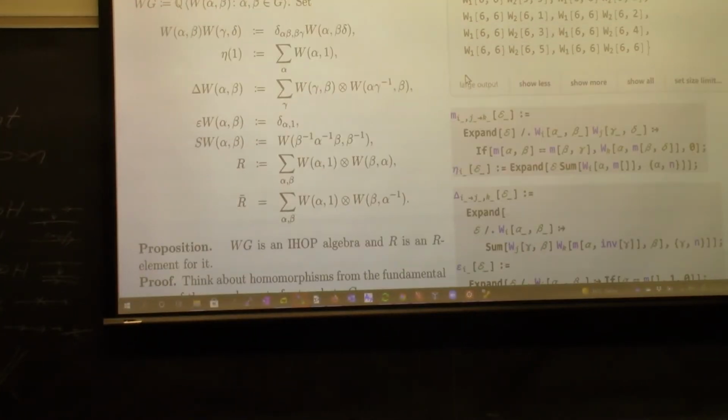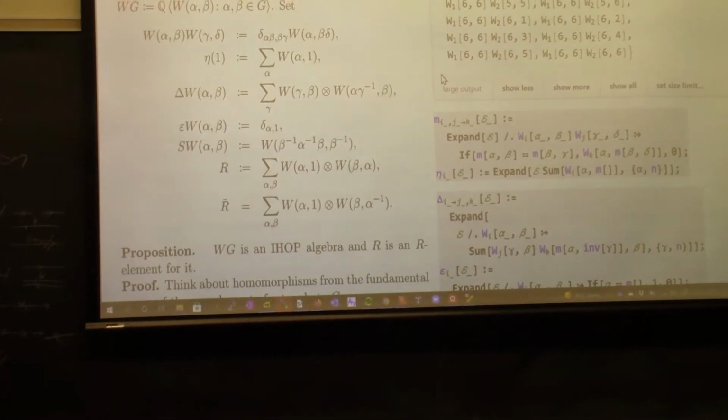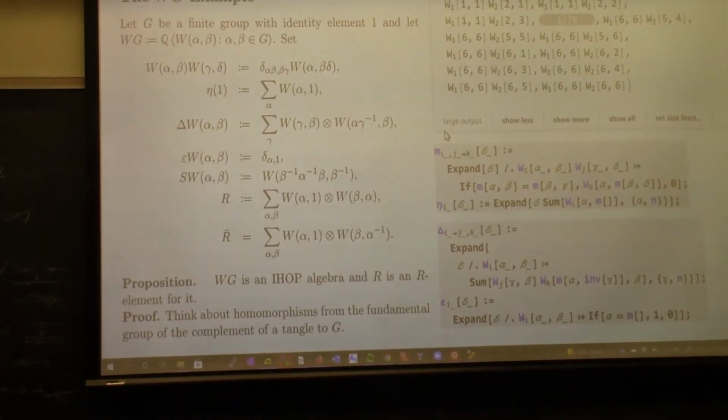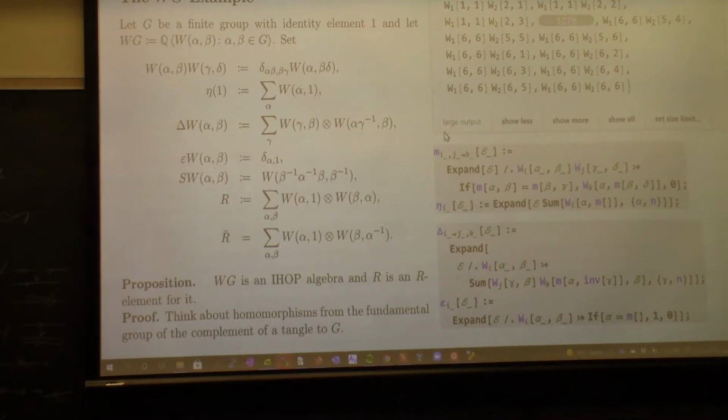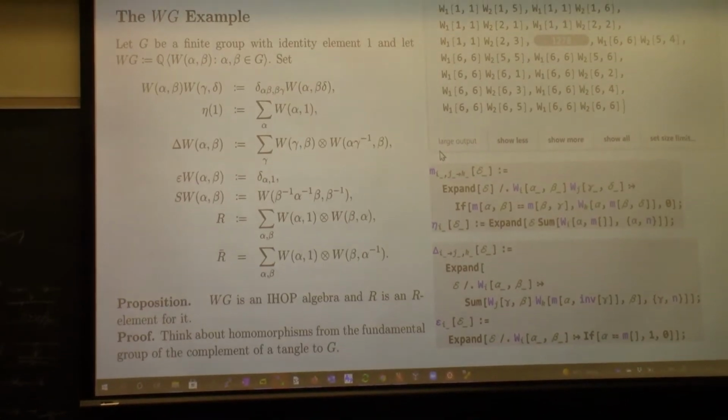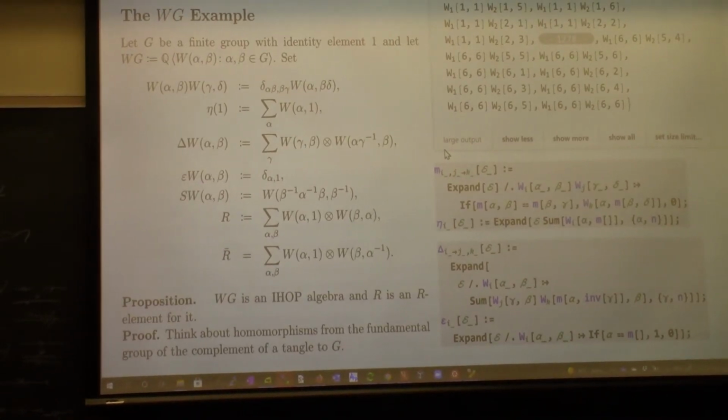Okay. So let G be a finite group, and let's call the identity element 1.